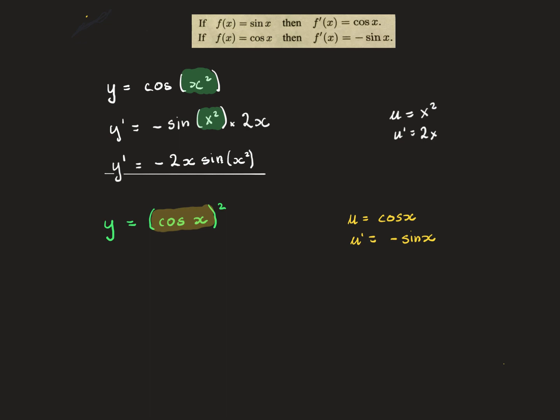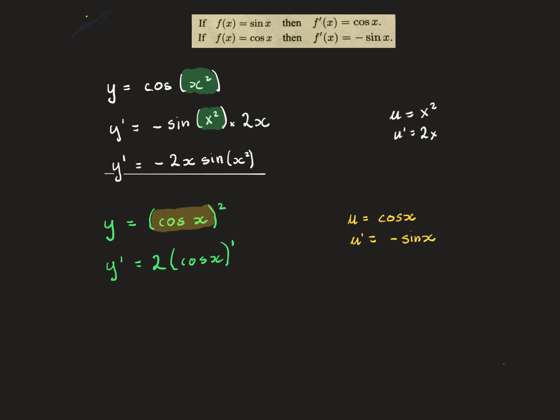But our first job is to differentiate what's outside the brackets. That means we have to take the 2, put it in front, leave what's in the brackets, cos x, and diminish the 2 by 1 so that it'll become just 1.